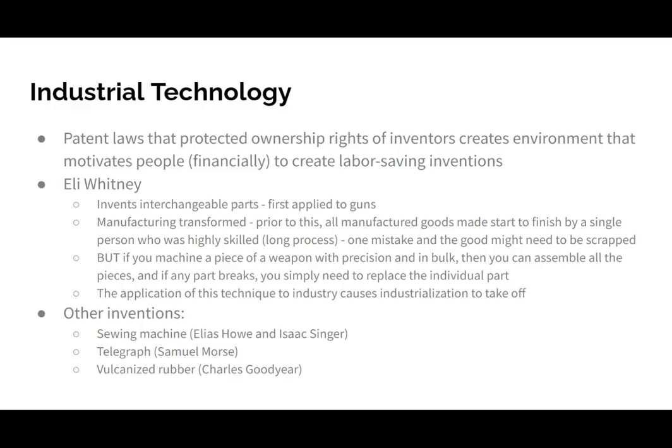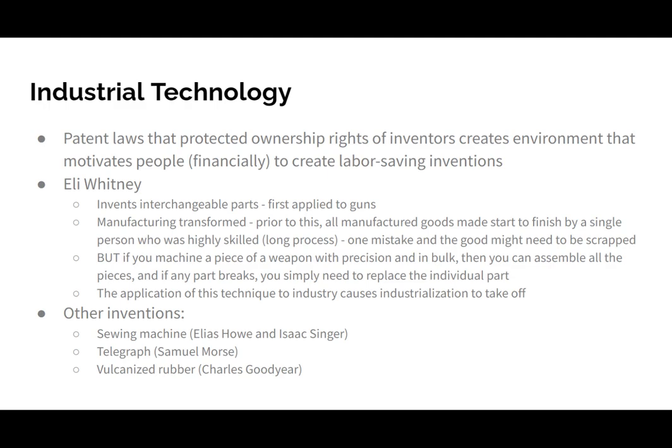However, if you machine a weapon in different pieces with precision and machine them in bulk, then you can assemble all the pieces. And then if any part breaks, you don't have to replace the whole thing. You just need to replace that individual part. So this is enormous. This is hugely significant. The application of this technique to industry causes industrialization to really take off. And again, this starts with guns, but obviously goes well beyond that.